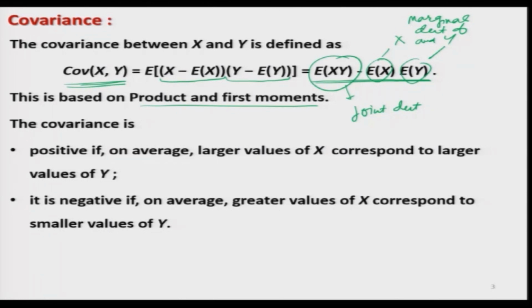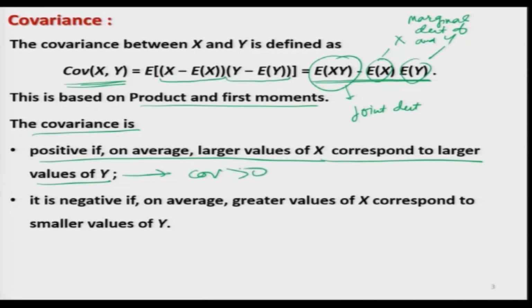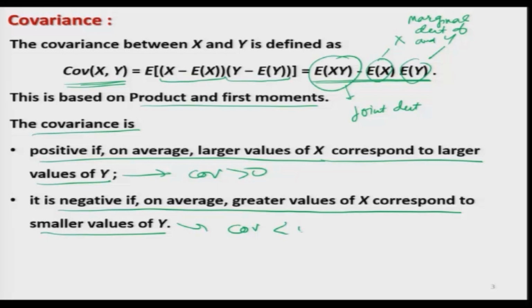So, the covariance is positive if on an average the larger values of x correspond to the larger values of y, and this will be indicated by the value of covariance being positive. And it is negative if on an average greater values of x correspond to smaller values of y, and in this case this covariance is going to be negative, right.